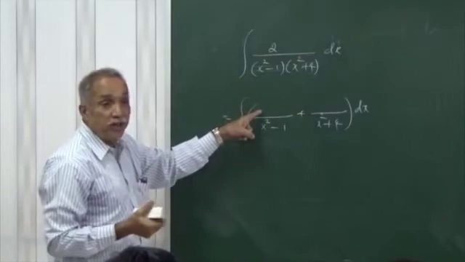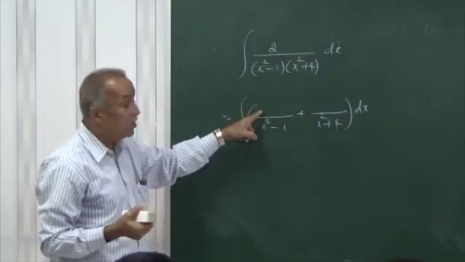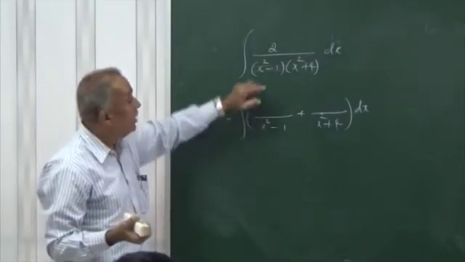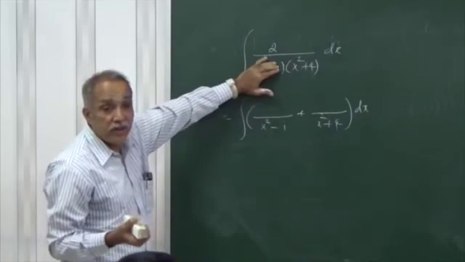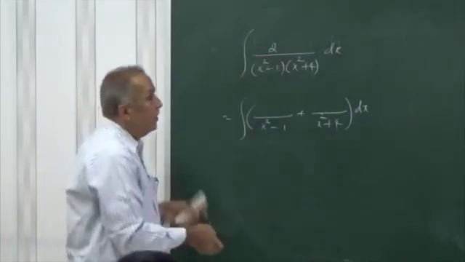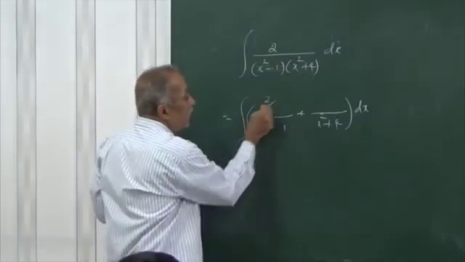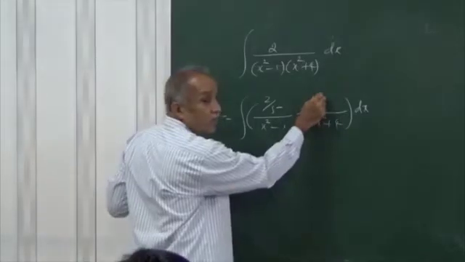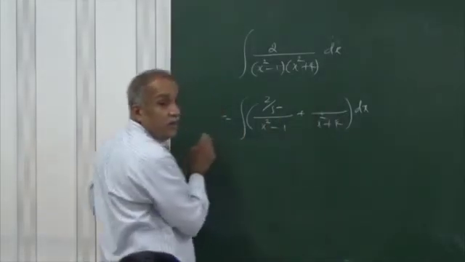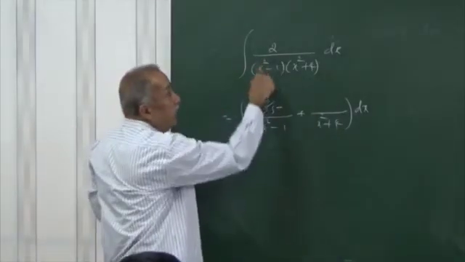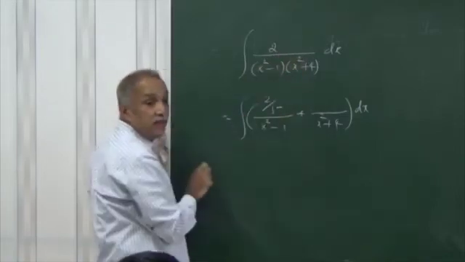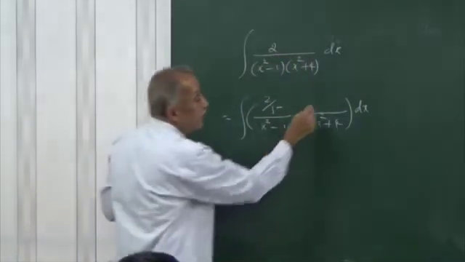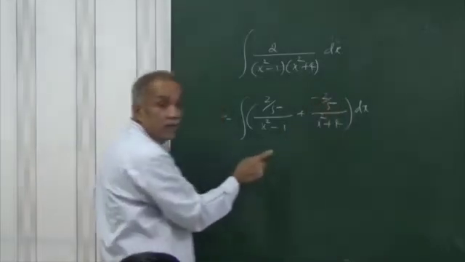To get this numerator, what I do is, I apply x square equal to 1 everywhere except in this. x square equal to minus 4 everywhere except in this. Am I right?